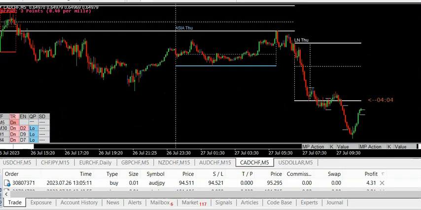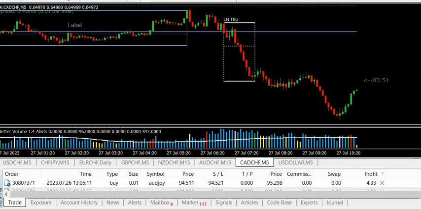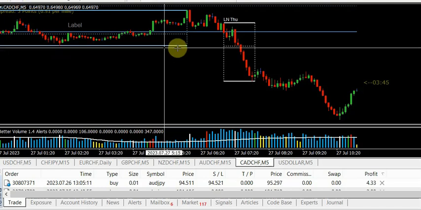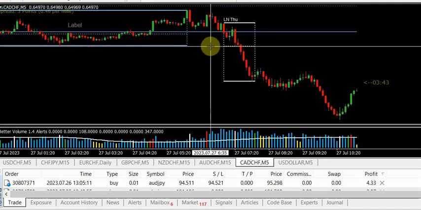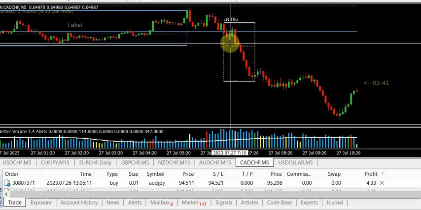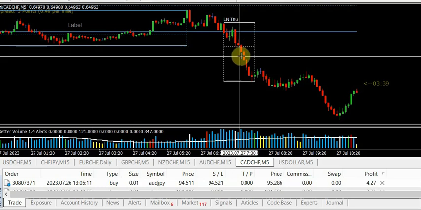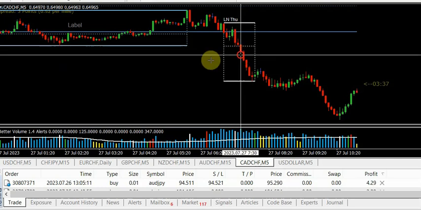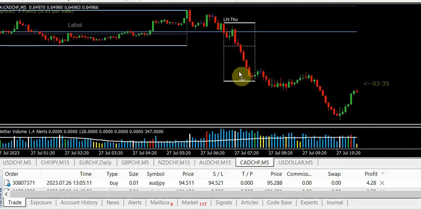So this is the CAD Swiss, and we've already established 7:30 was the time we got the buy signal on the Swiss and the sell signal on the CAD. So that puts us pretty much exactly here, and that's a textbook Asian range breakout trade.